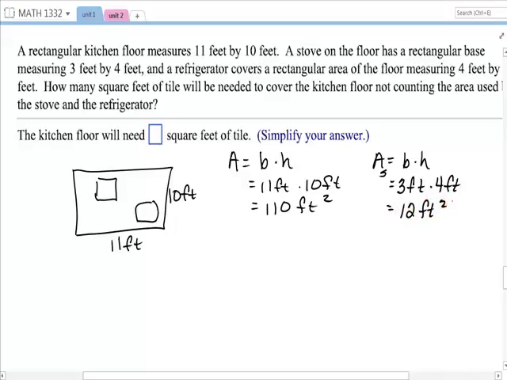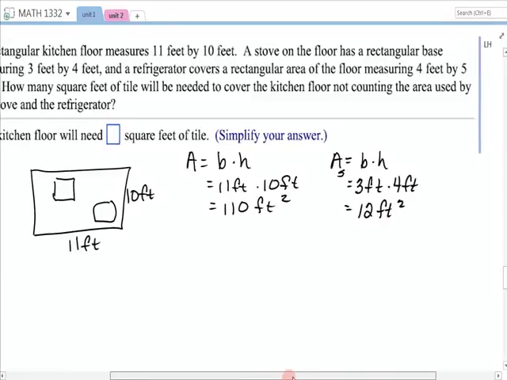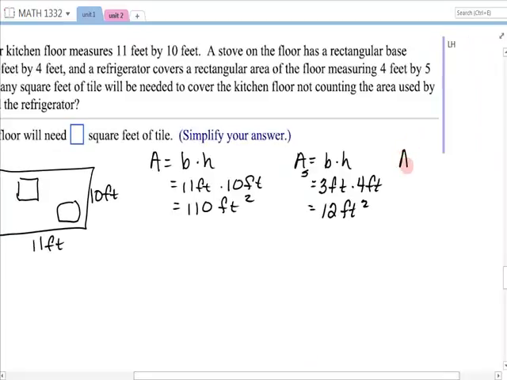And it probably is beginning to drive you crazy that we all knew it was 12, and yet I wrote down the formula, I filled in the numbers, and then I did the calculation. That's because I'm trying to leave a record of what I did, so that if you look at it later, you'll see. All right, how about the area of the refrigerator?